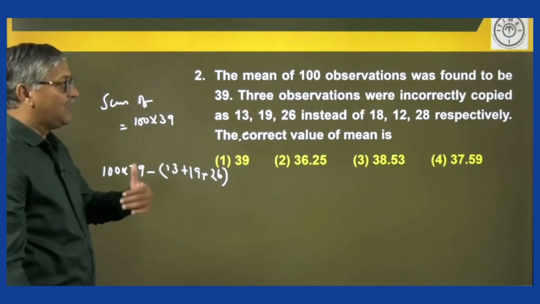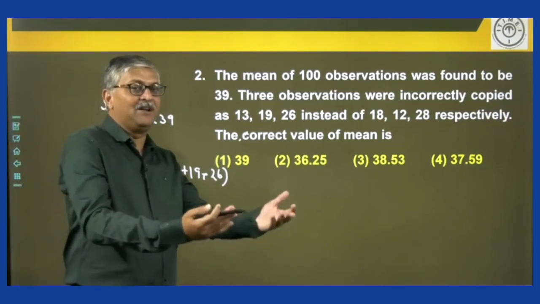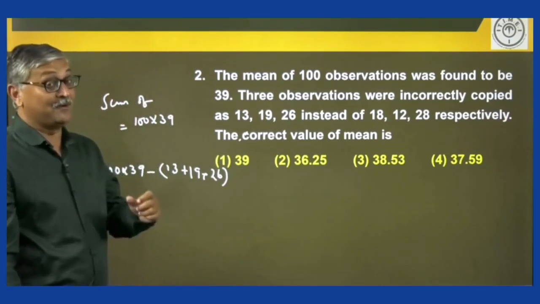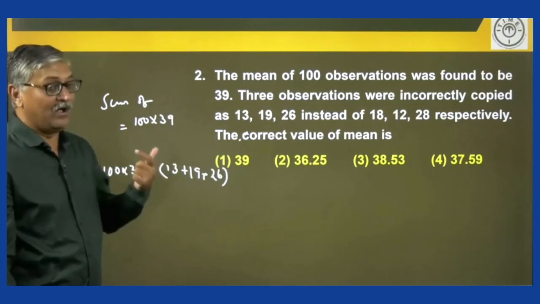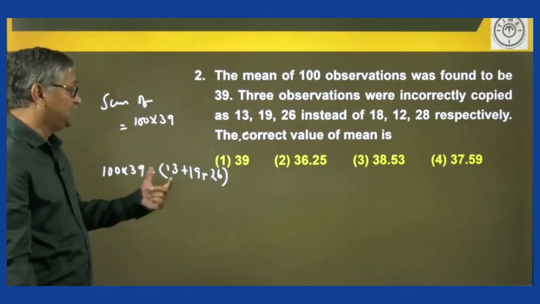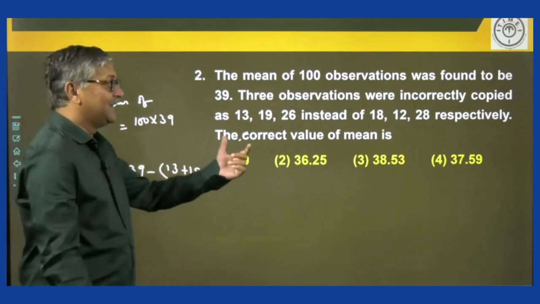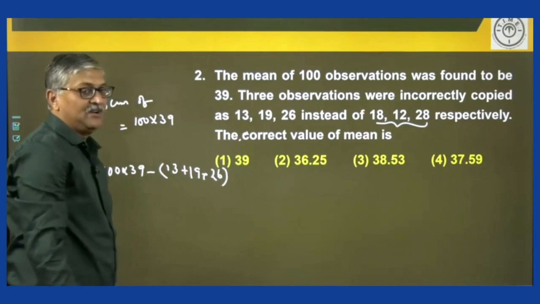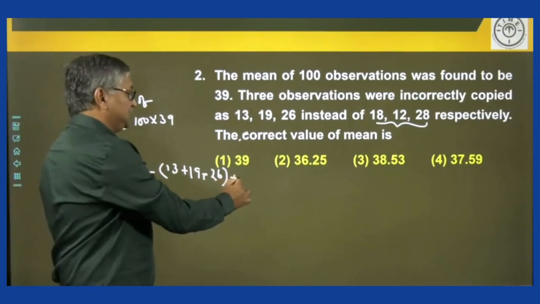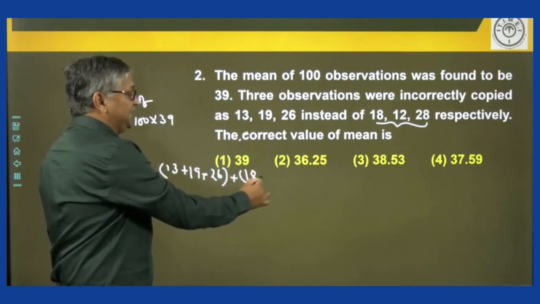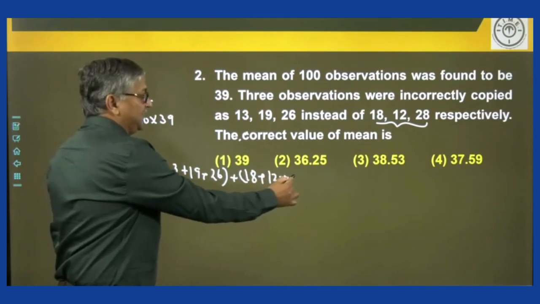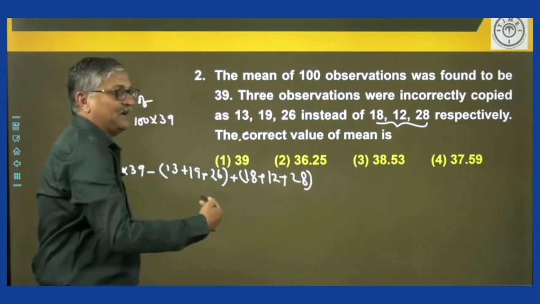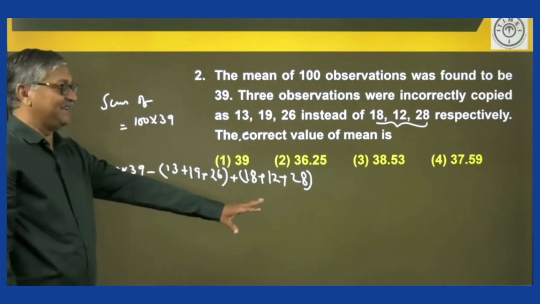Now we have 97 observations, but we have to calculate all the correct 100 observations. So now we have to include the correct observations. What are the correct observations here? 18, 12, 28. So we calculate 18, 12, 28. This is the correct sum.